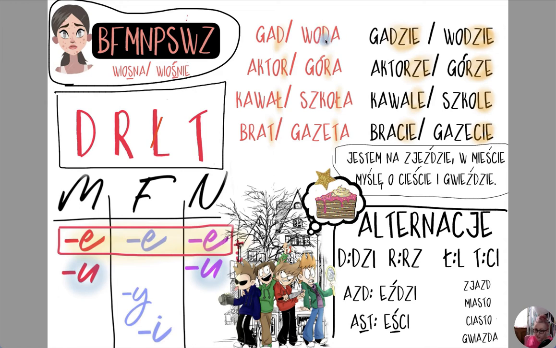I can see that the last consonant in this noun is the letter d, right? So I know from today's lesson that these two examples in locative will have the ending e. However, the alternation will be slightly different.